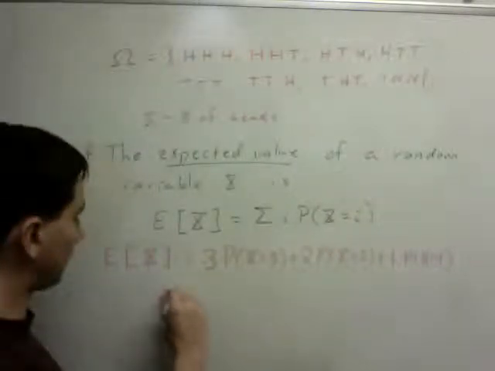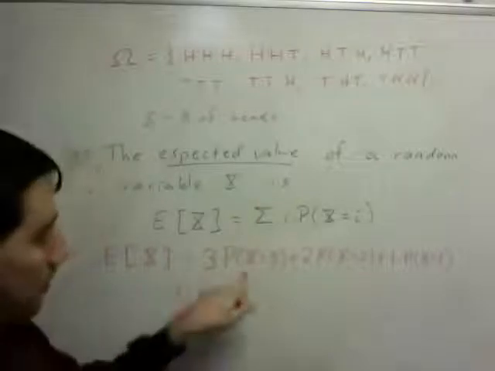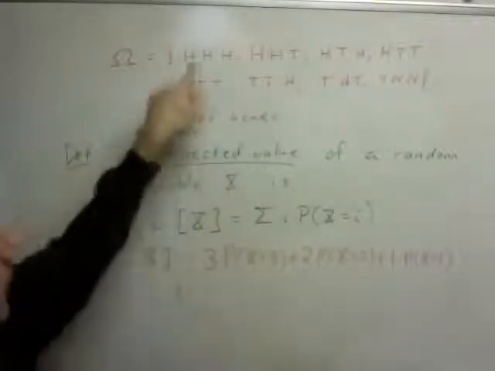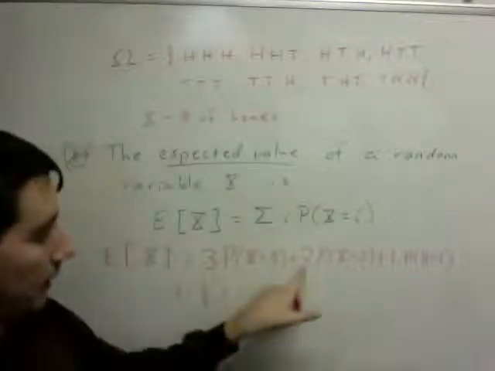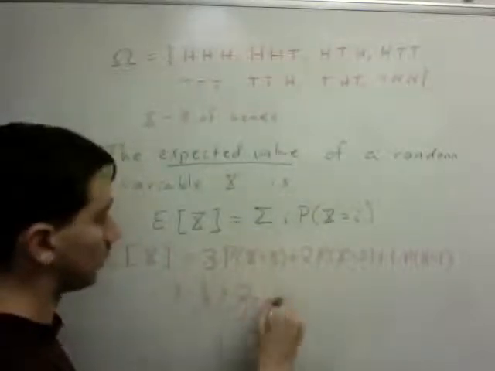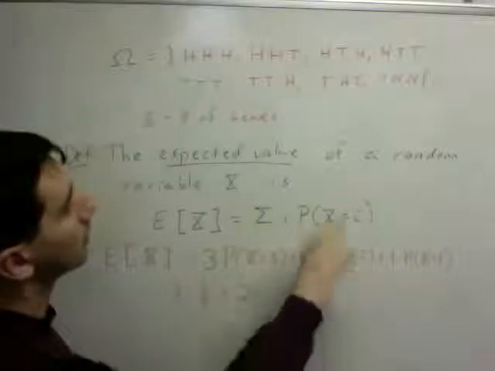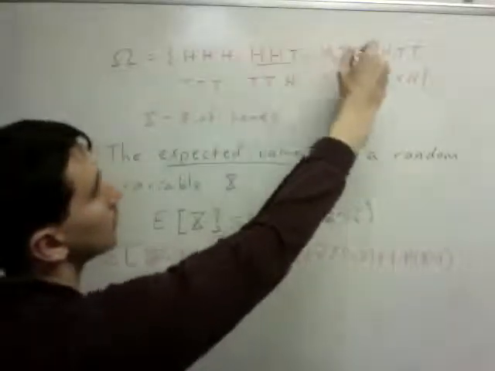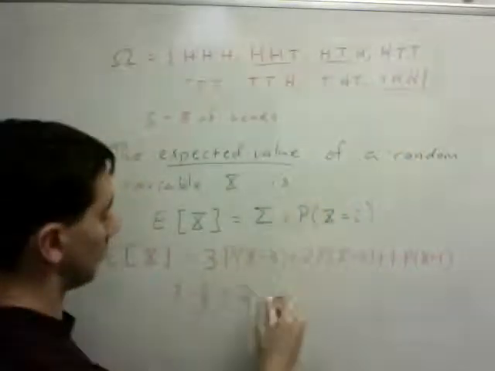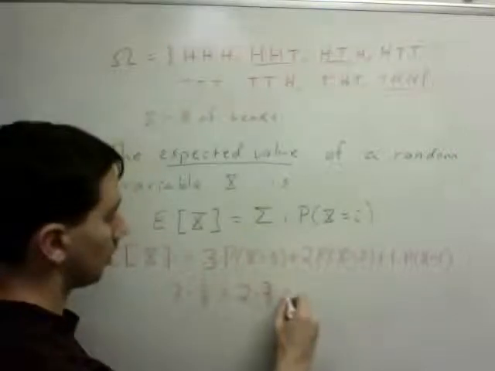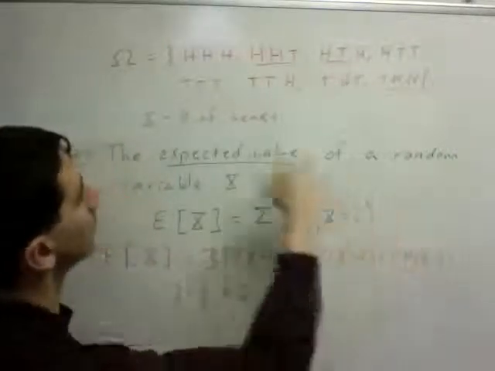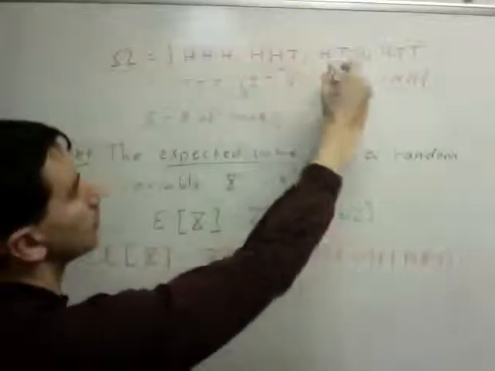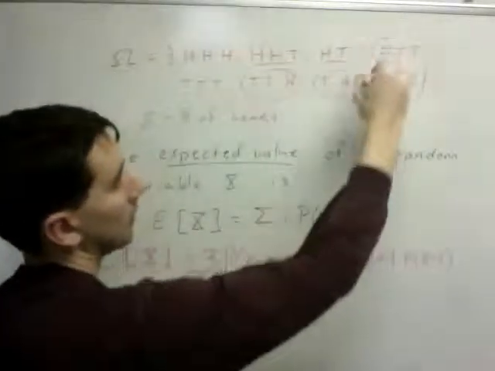And now this is equal to 3 times, and what's the probability we get 3 heads? Well, 3 heads has probability 1 over 8. And then 2 times the probability that we get 2 heads. So there's 1, 2, 3 ways to have 2 heads. So it's 2 times 3 over 8, plus 1 times the probability we have 1 head. Well, there's 1, 2, 3 ways to have 1 head.